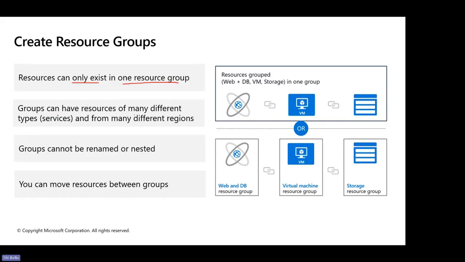Then a group can have resources of many different types of services. So even from different regions. When you are creating your resource group, you have to select a region. But while creating resources that will be hosted in that resource group, it is not limited. It is not compulsory that the resource must be in the region that the resource group is hosted.